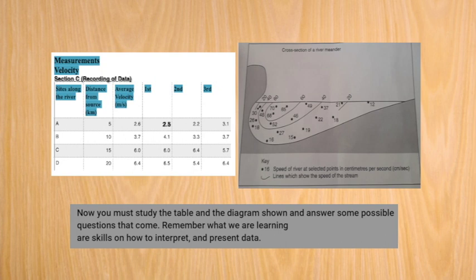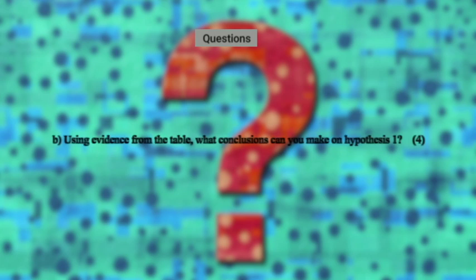Remember, what we are learning are skills on how to interpret and present data. Questions. A. Describe how the velocity was measured in table 1 in the diagram. B. Using evidence from the table, what conclusion can you make on hypothesis 1?